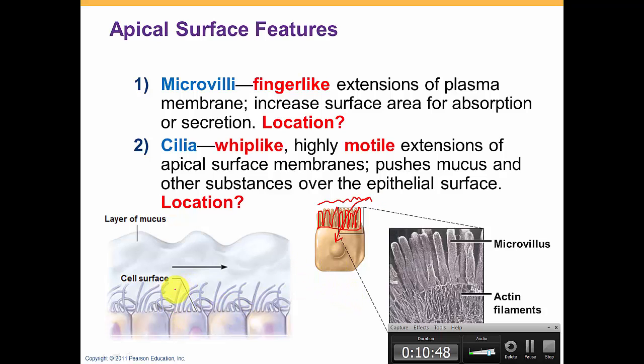How about the cilia? How are they different? Well, these ones are very motile, and they push things. Where do we find them? We find the cilia in our respiratory system. So this is a layer of mucus.